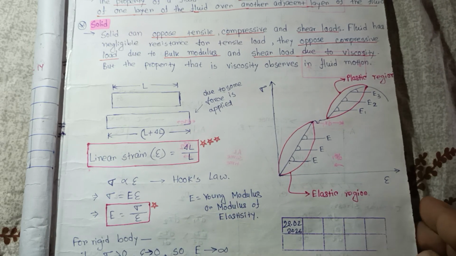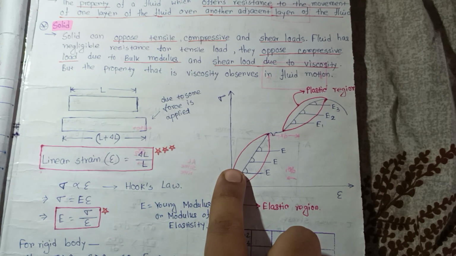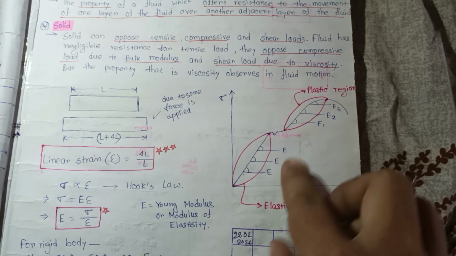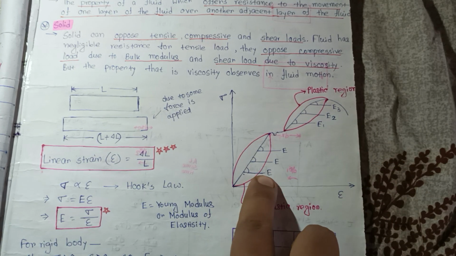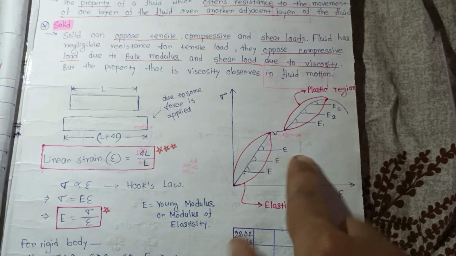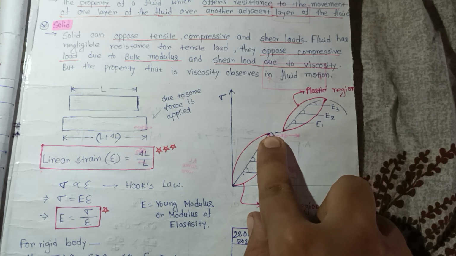Very, very important. If for solid we draw the stress-strain curve, then up to some point there is an elastic region. That means here the Young modulus or modulus of elasticity is constant. E is constant up to this point. This is the proportional limit.